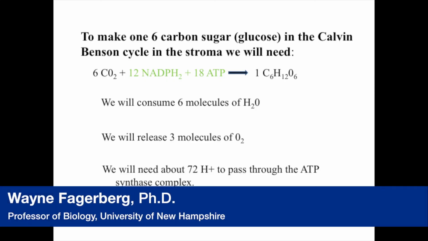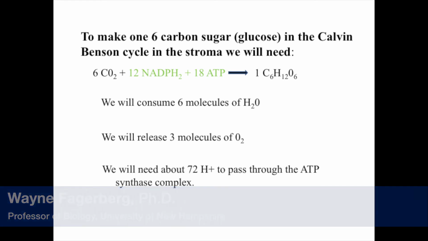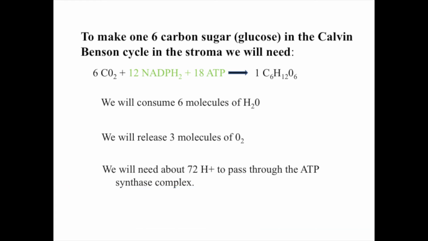The ATP and NADPH2 molecules produced in the light reaction can now be used to reduce CO2 to make sugar molecules using the enzymes in the Calvin-Benson cycle, which is located in the stroma. To make a single molecule of 6-carbon sugar, the Calvin-Benson cycle will consume 6 carbon dioxides, 18 ATPs, and 12 NADPH2s.